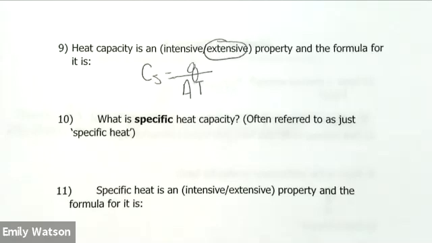So it's almost the same as heat capacity. It's the heat required to raise the temperature by 1 degree Celsius or Kelvin, but here's the caveat to this one. It's the heat required to raise the temperature of 1 gram of substance.